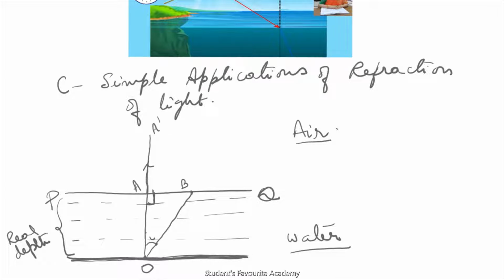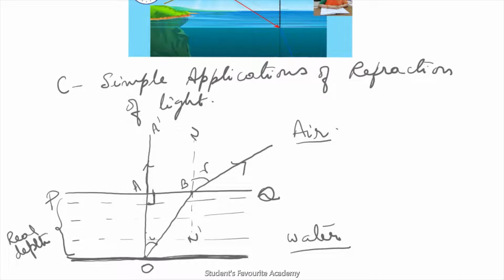So it will bend away from the normal. Do you remember that? If NN dash is the normal, this light ray will bend away from the normal, making an angle r with the normal at that point B.